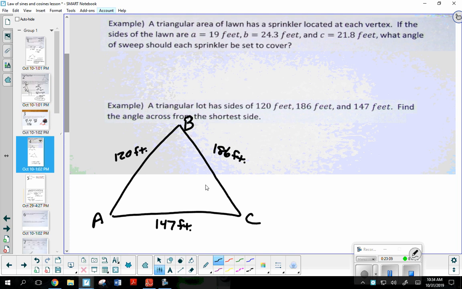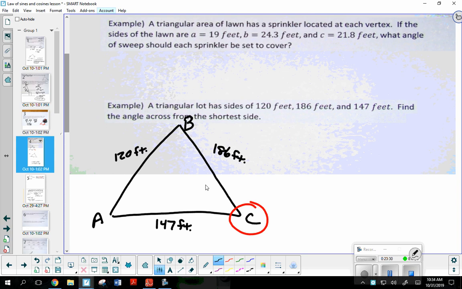Which of the three would be the smallest angle? Would it be A, B, or C? Why C? Yeah, because it's across from the shortest side. So I want to figure out the measure of angle C.